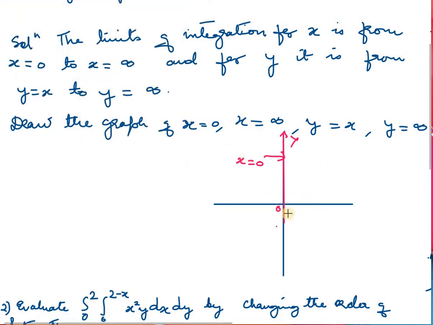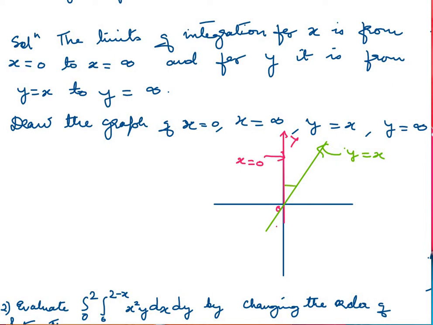Next, draw the graph of y is equal to x. Y is equal to x is a straight line which passes through the origin. So this is y is equal to x. Now y is equal to infinity, that means the value of y along the y-axis is infinite.